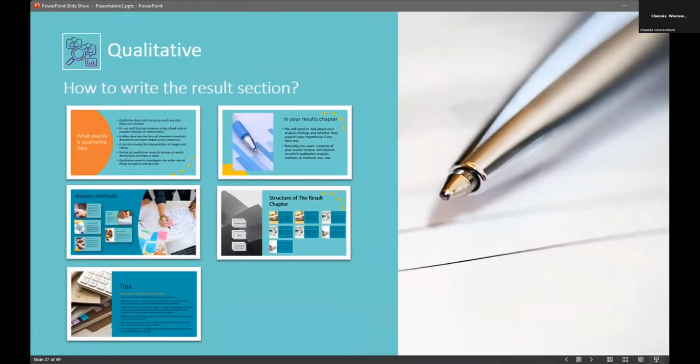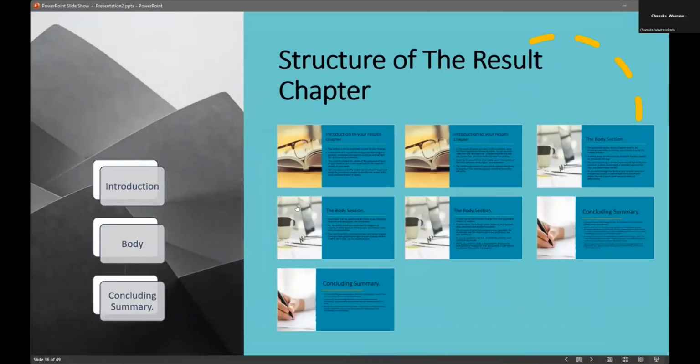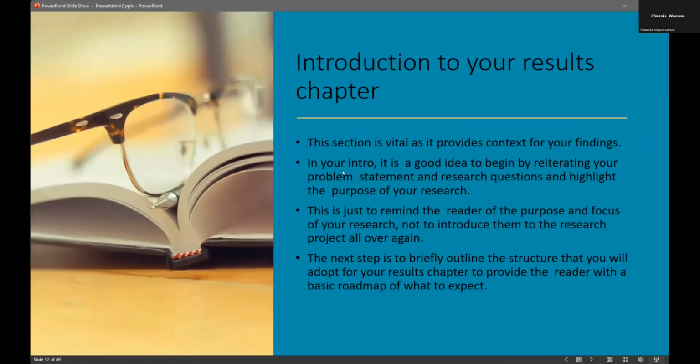So coming back to the problem at hand, the structure of the results chapter should look like this. It should have an introduction, body and conclusion. In the introduction chapter, as I mentioned earlier, same as the quantitative one, you have to remind the reader about the purpose, the objective and the specific aim of the research, in order to retain the reader's interest in the chapter.